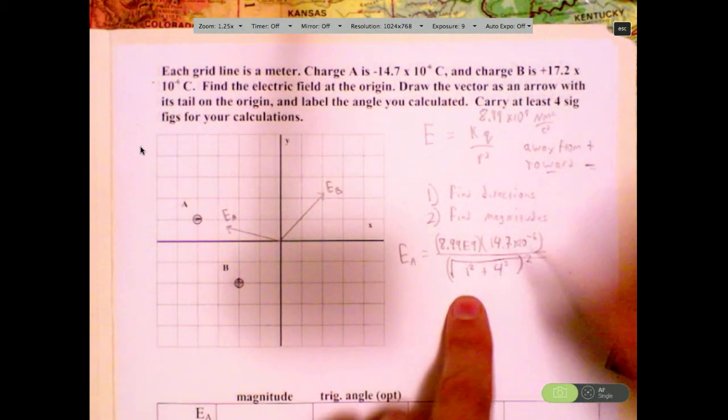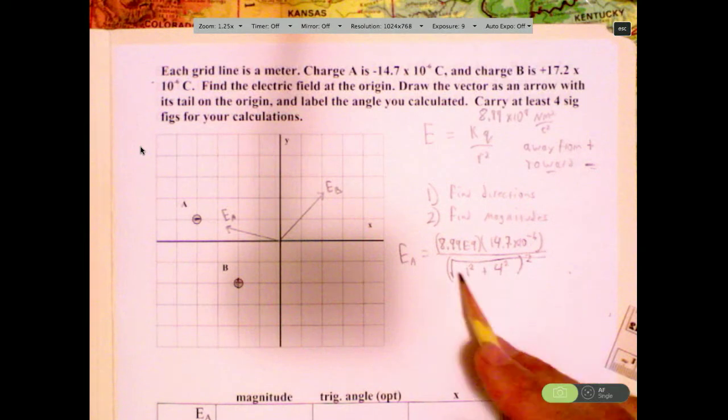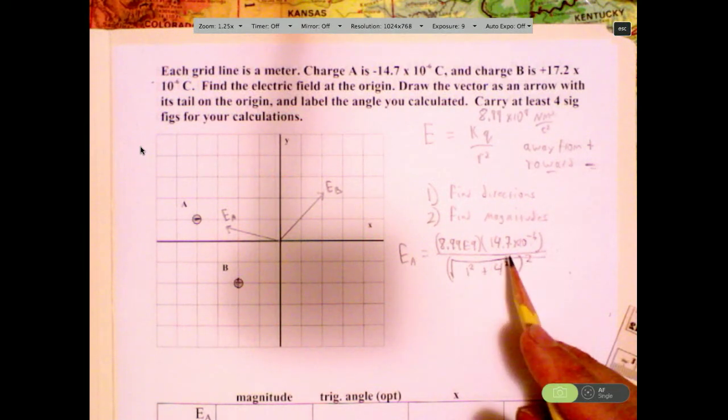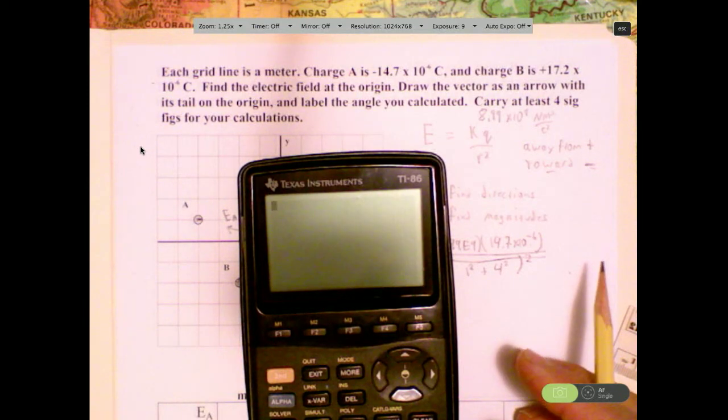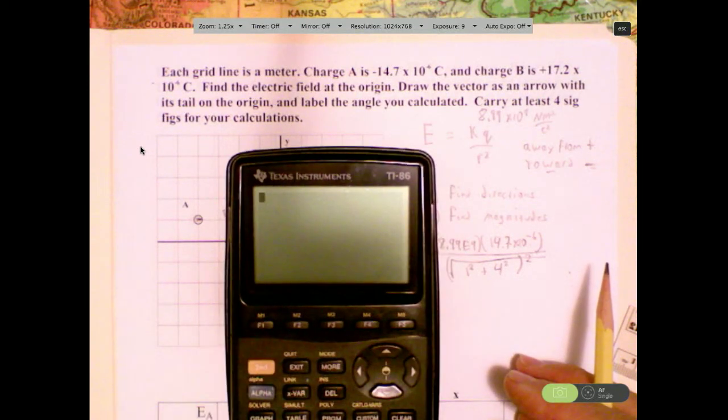So really the square root goes away, it's the square root squared. When I put it into my calculator, I can just do 8.99 E9 times 14.7 E minus 6 divided by parentheses 1 squared plus 4 squared. Ta-da. And I'm going to store that into A just for fun.